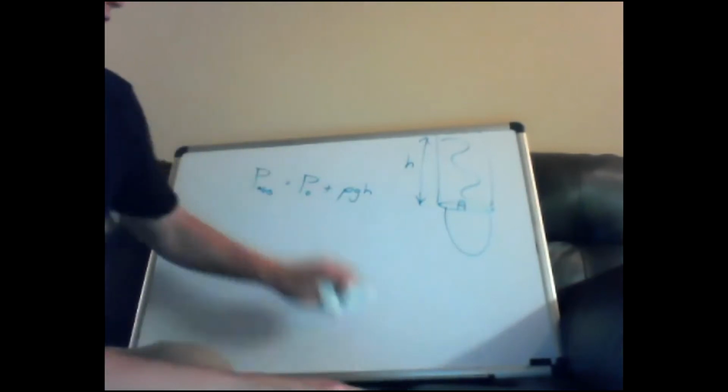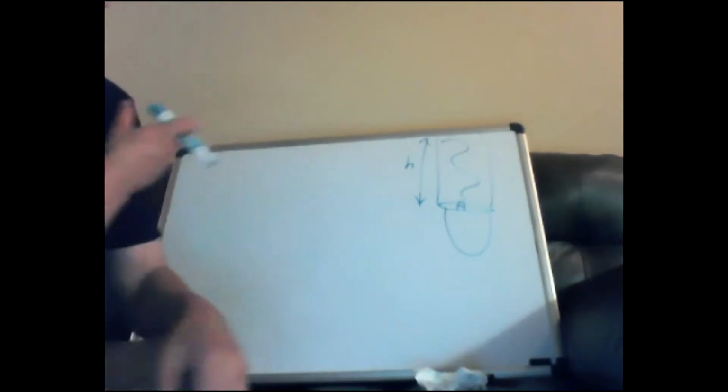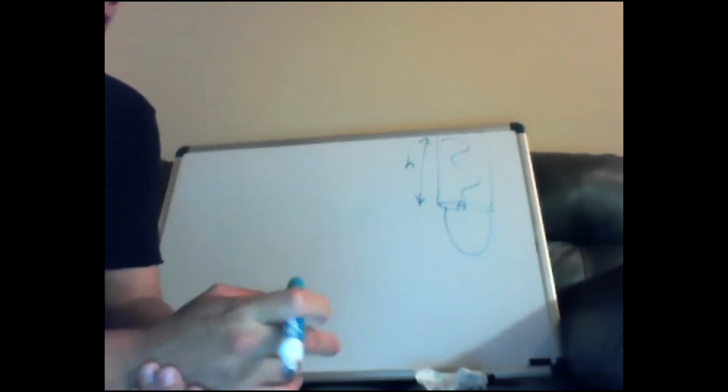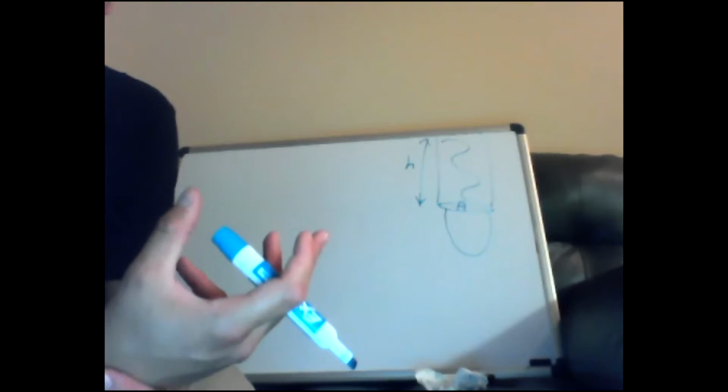Well, when I first looked at this, I said, okay, it's the pressure that's on top of this hatch, which is the absolute pressure I calculated earlier. But remember, there is a certain pressure in the bell itself.